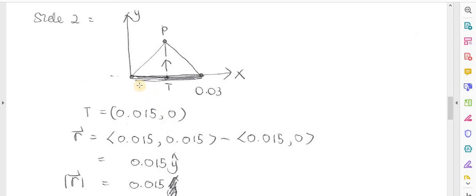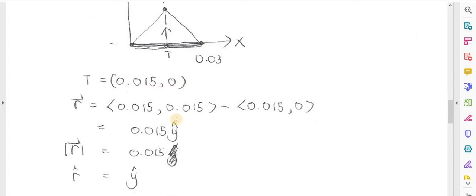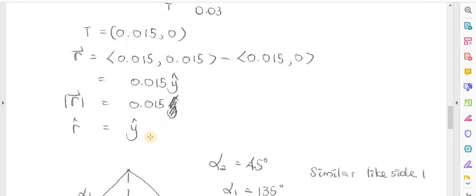For side 2, the coordinate of point T will be 0.015 and 0. So the vector r will be 0.015 unit vector y, observation point minus the source point T. The magnitude of vector r will be 0.015 and your unit vector r will be y.